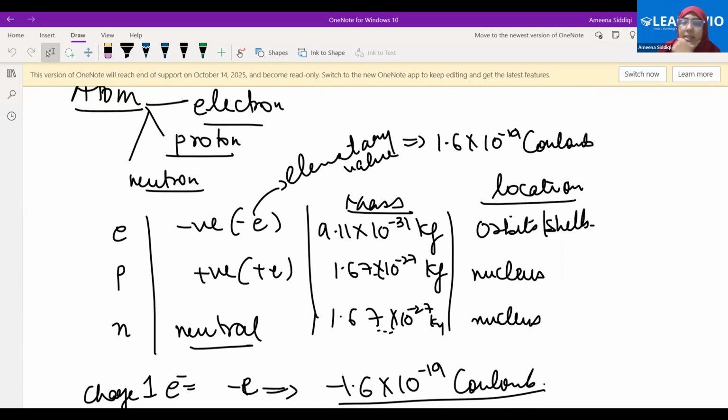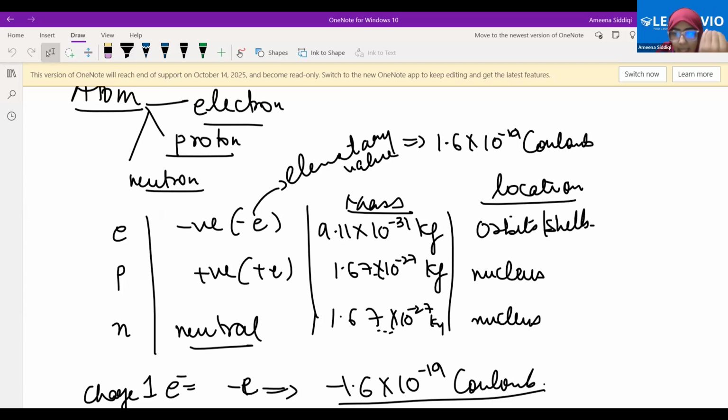Lokya, if I have given you the value of the elementary charge on the screen, can you tell me the proper charge on one electron? Minus 1.6 into 10 raised to the power minus 19 coulomb. And for one proton, what will that be?